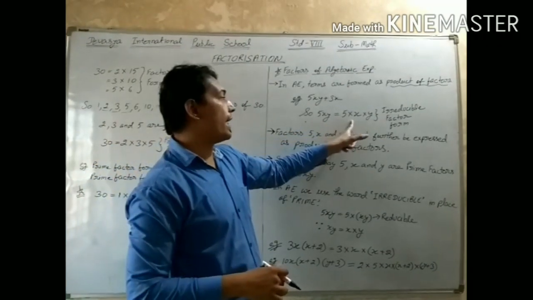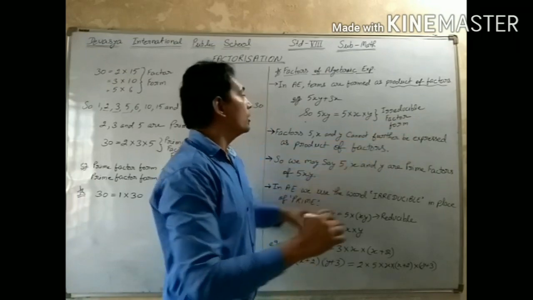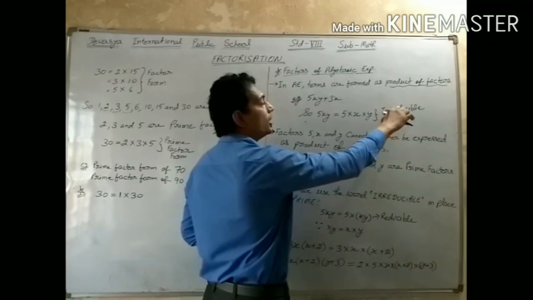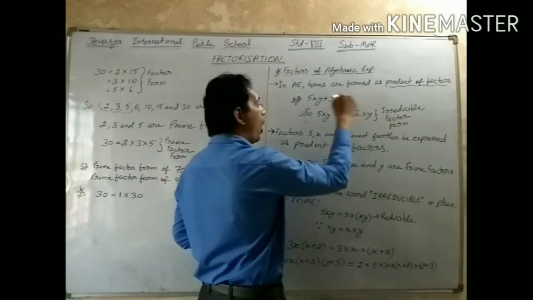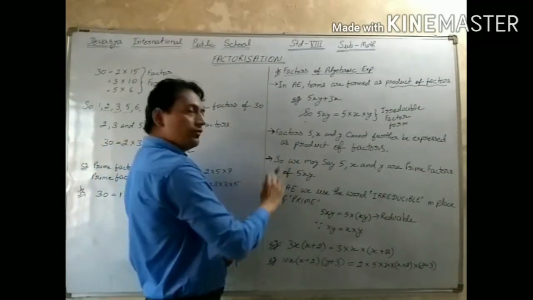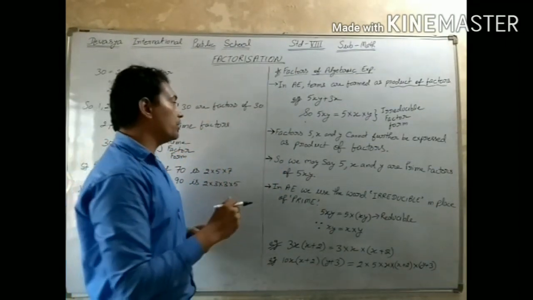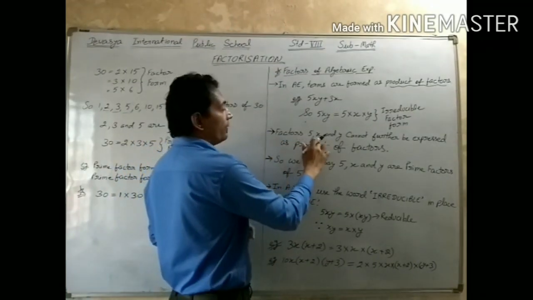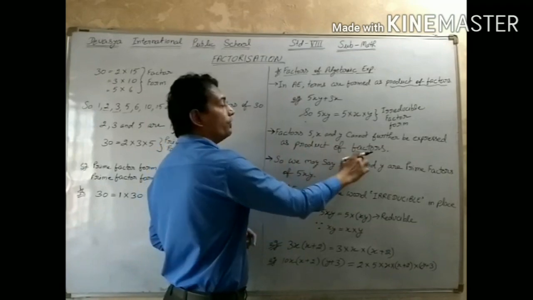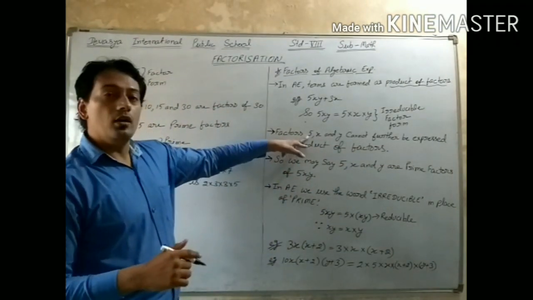So we call this the irreducible factor form. Fine? You can say 5 into x into y is the irreducible factor form of 5xy. Alright? Now, some very important things which we should keep in mind before we go to the chapter. The factors of 5xy cannot be further expressed as a product of factors. Fine? Because these are already in reduced form.